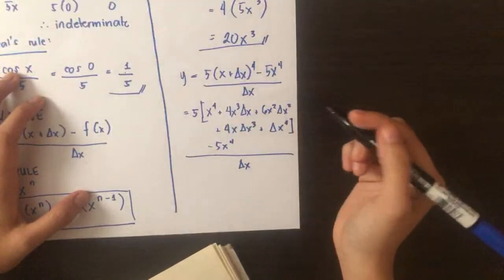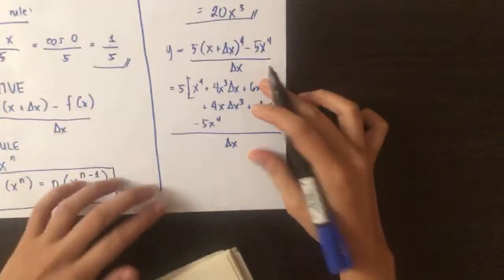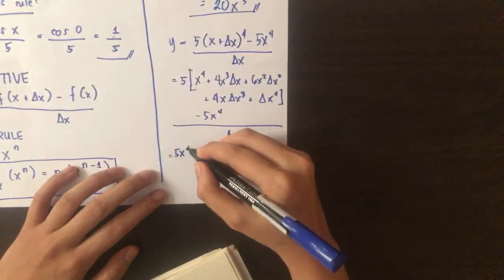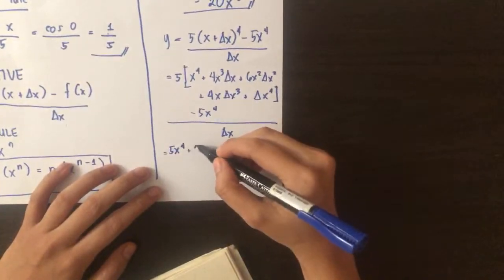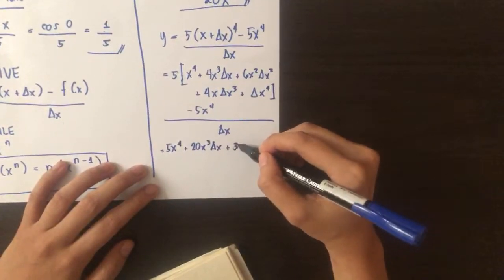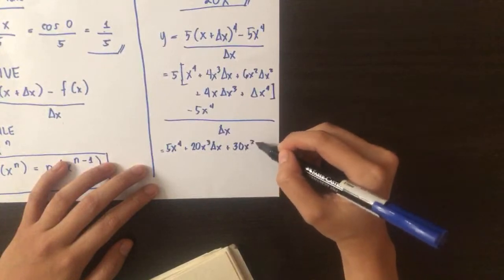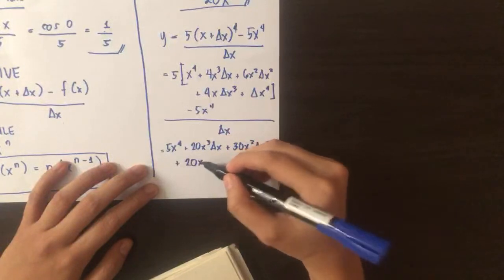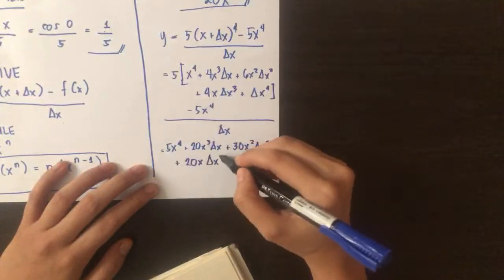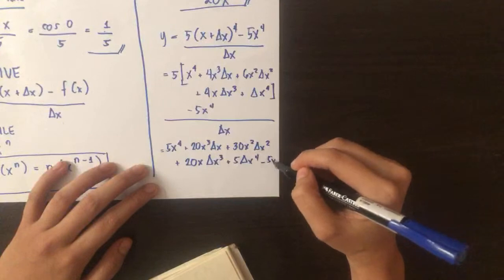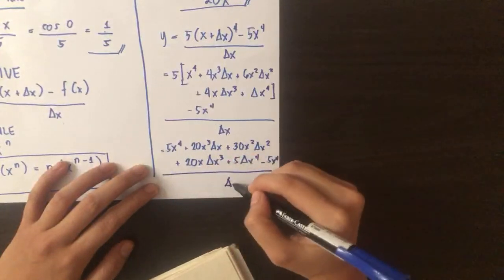So, kapag sinimplify ko yan, 5x raised to 4 plus 20x cubed delta x plus 30x squared delta x squared plus 20x delta x cubed plus 5 delta x raised to 4 minus 5x raised to 4 over delta x.